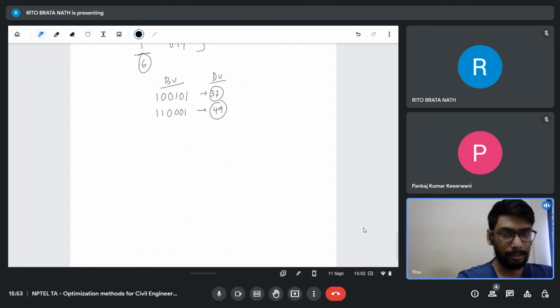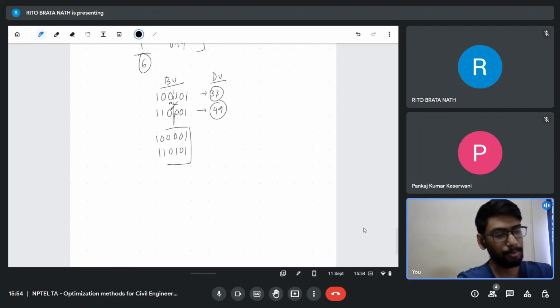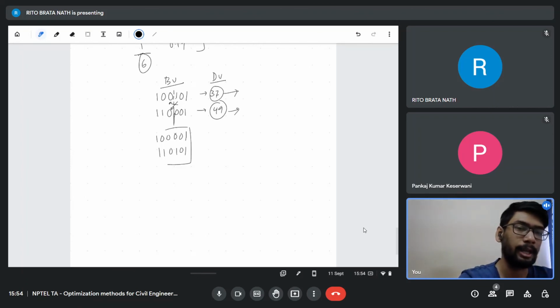In case of binary crossover, suppose this is your selection site. You just bring this here, and probably this one comes here. So this is your binary crossover. The solution that you generate is this. But suppose I'm giving you this 37 and 49. Now, these are solutions in the decimal values or the decoded values you have.